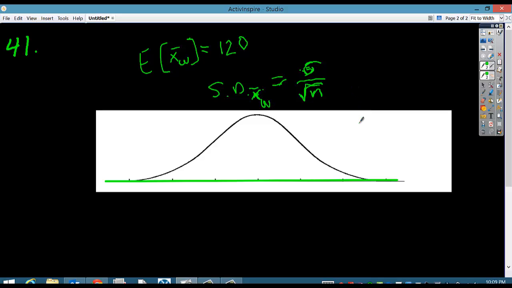In this case, the standard deviation of the population is 10, and we are taking a sample of only 3 people. So I have 10 over root 3, which is approximately 5.77.